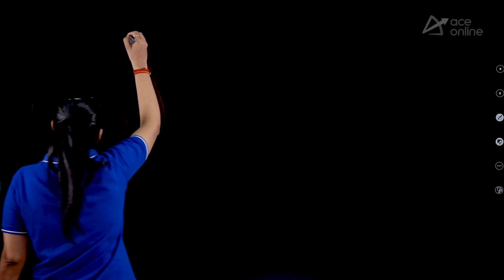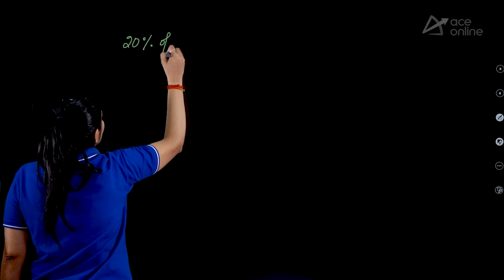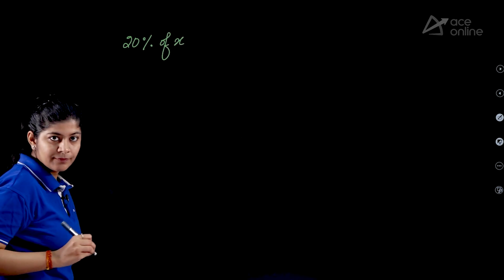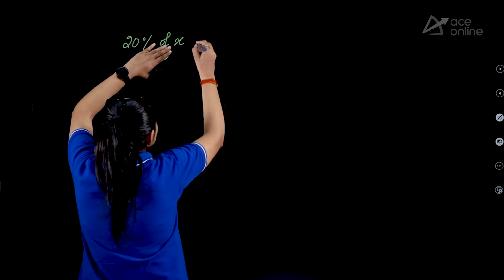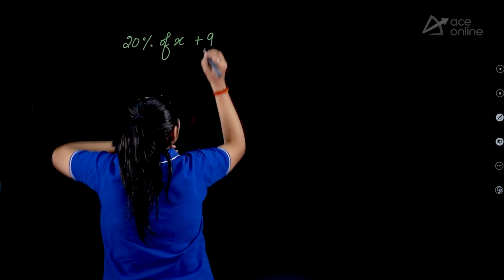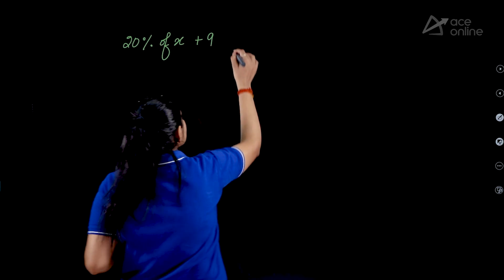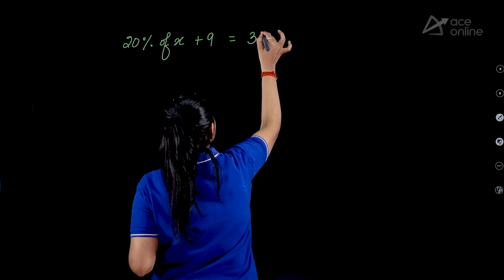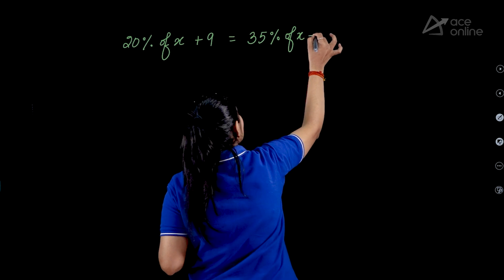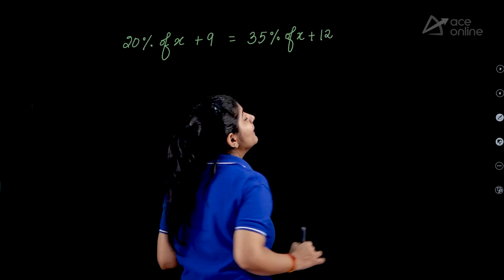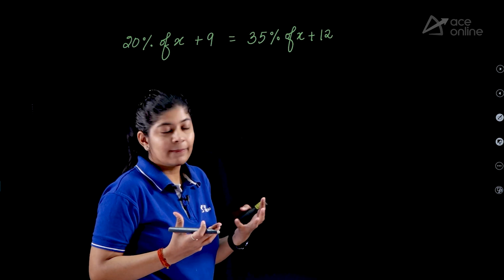So the question says that a student achieved 20% of the maximum marks, and if he gets 9 more marks, he secures the minimum passing marks. But there's one more student who secured 35% of the maximum marks, and he will get 12 more marks than the minimum passing marks. But we know that in both cases, the minimum passing marks is equal.